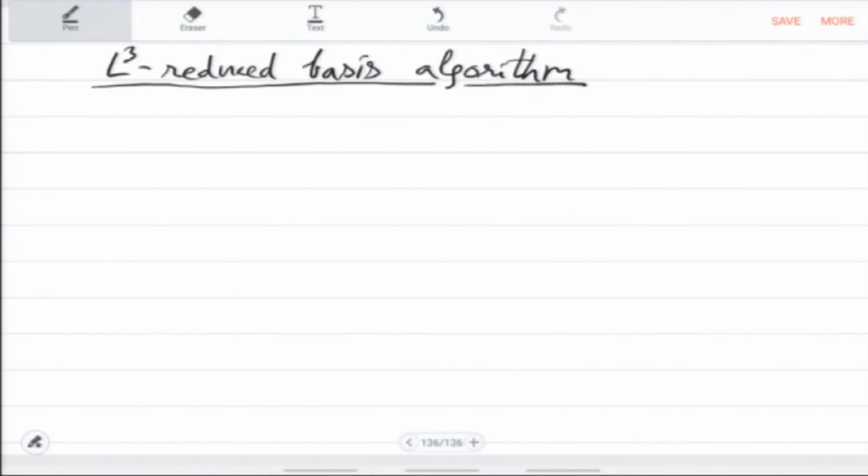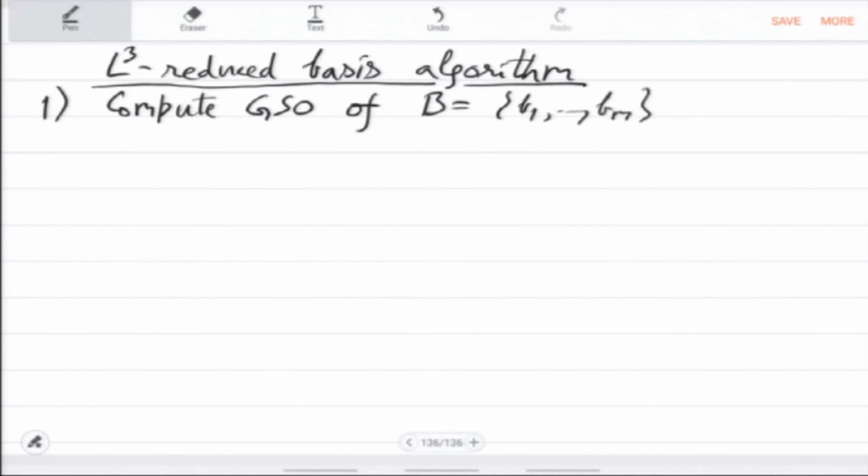Okay, so the first step is compute GSO of the vectors given to you. So you will get B1 star to Bm star.